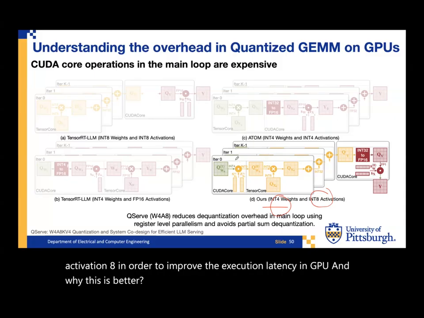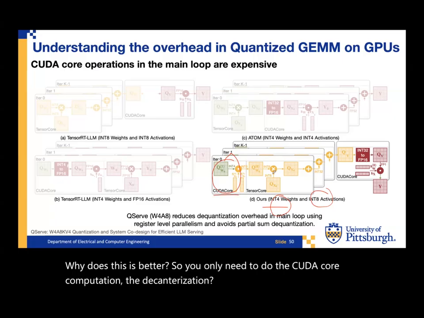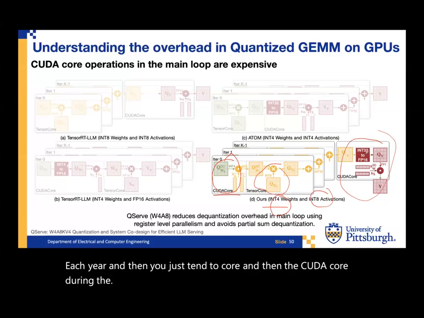Why is this better? You only need to do the CUDA core computation, the dequantization here, and then you just use the tensor core, and then the CUDA core does the result conversion and dequantization.